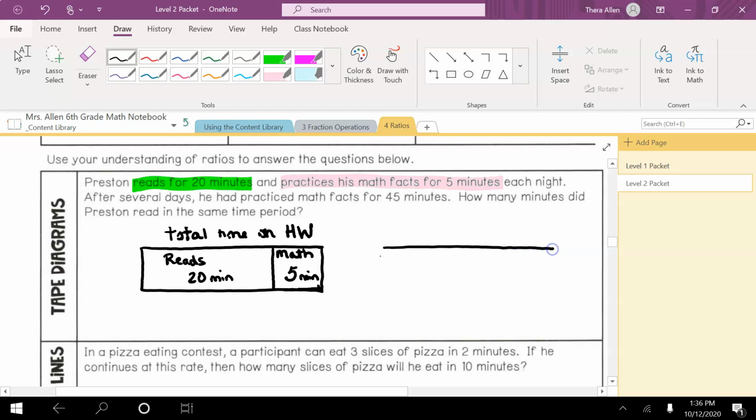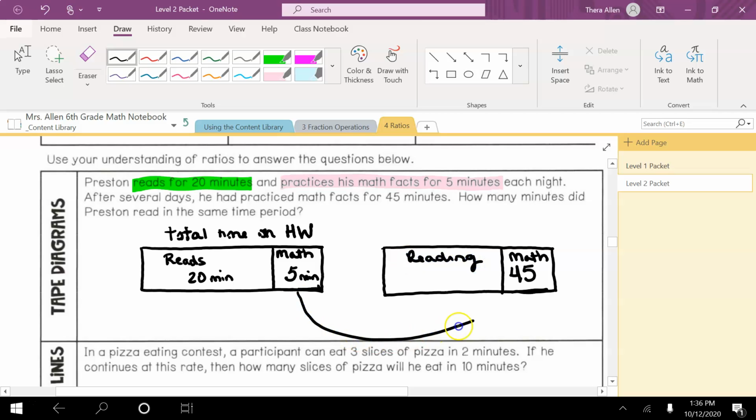So I'm going to draw my next tape diagram. It's the same one. I'm going to put here in this box 45 minutes on math. But I do not know how much time was spent reading.